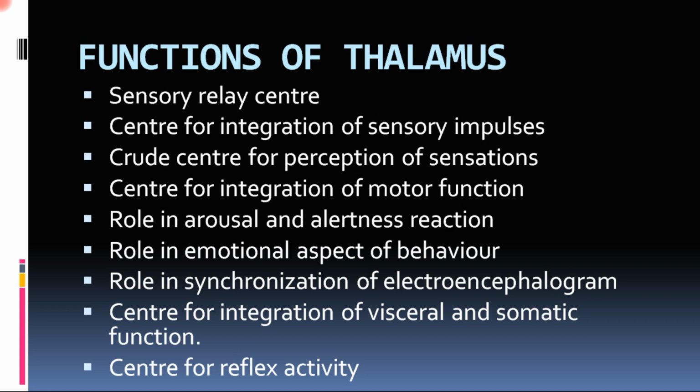That is how the thalamus is where the integration of both visceral and somatic function takes place. It also acts as a center for reflex activity, because the sensation for sensory reflex activity passes through the thalamus.